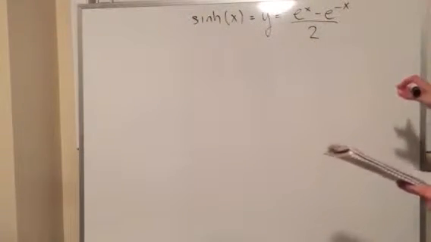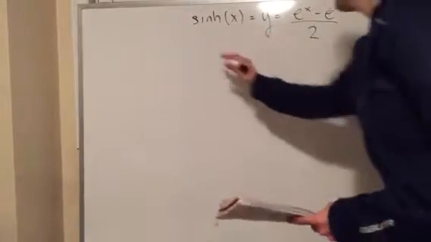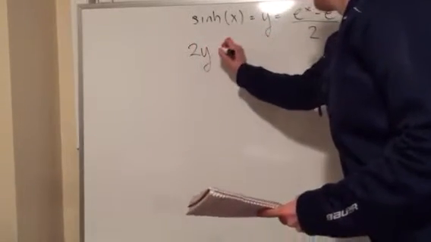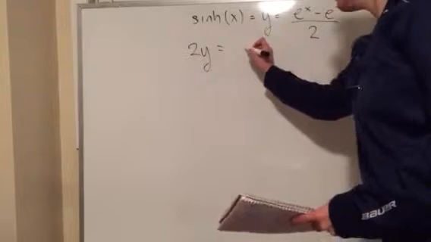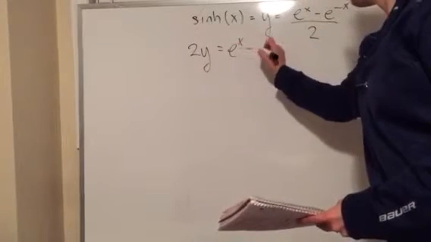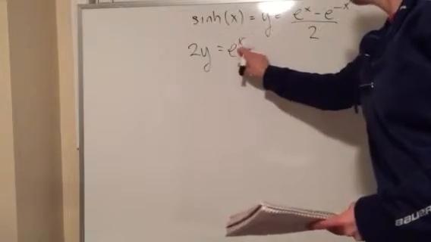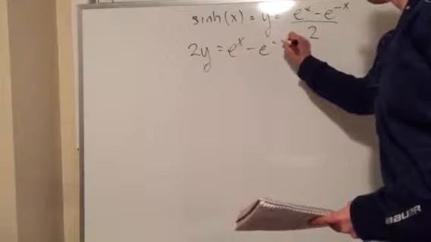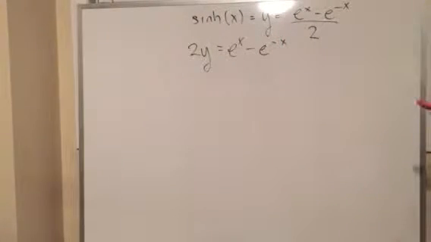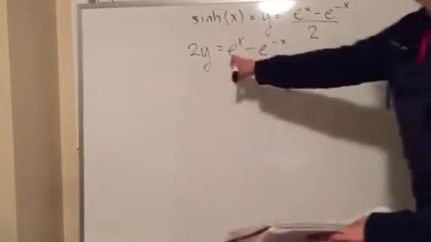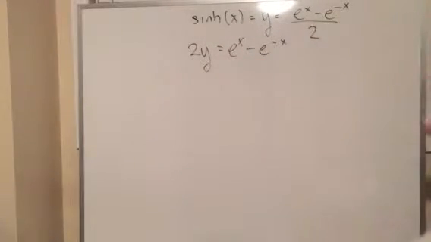So right here, I'll start by just getting the 2y out on the left-hand side, and that's going to equal e to the x minus e to the minus x. Here's where I ran into a problem. I'm going to tell you plain and simple. I thought, well, maybe if I factor out an e to the minus x, it'll make something I can deal with better.